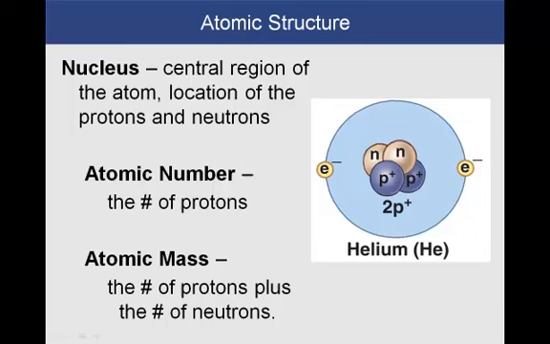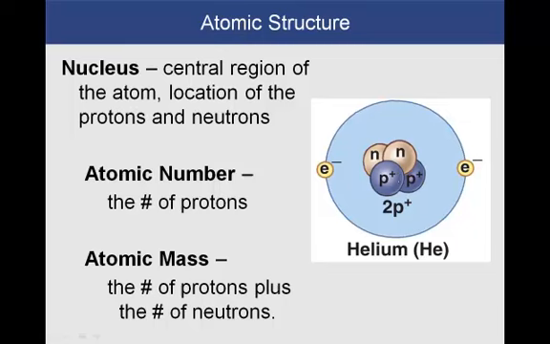Atomic mass is another thing that we need to understand about atomic structure, and you may also hear it called atomic weight, but atomic mass is a little more specific because mass is basically how large something is. We think of it in terms of weight. Weight changes depending on gravitational pull.